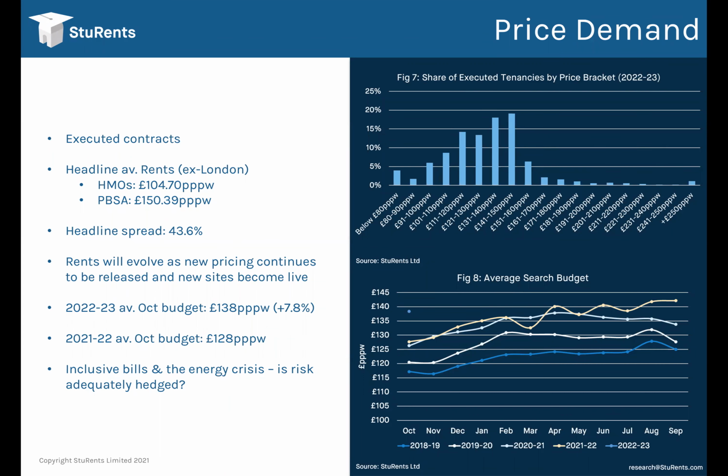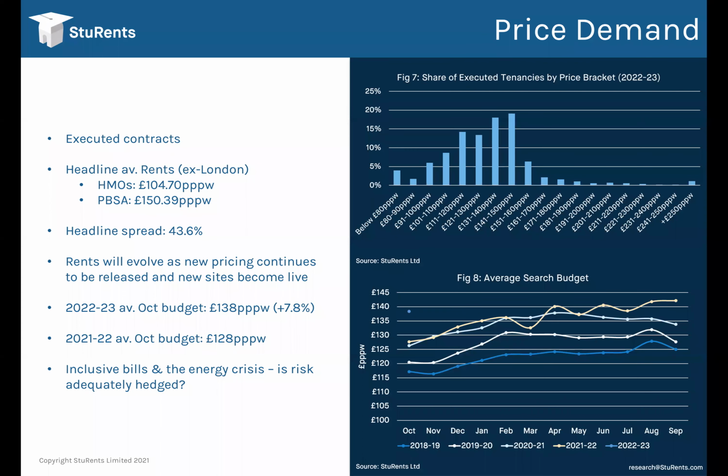But so far, for October at least, for the 2022 season, we're seeing an average budget on the platform, so that's a budget that is being set by students when they're house hunting, of £138 per person per week. That broadly ties in line with the executed contracts above, but interestingly, again, is above the average HMO price, but below the average PBSA price.